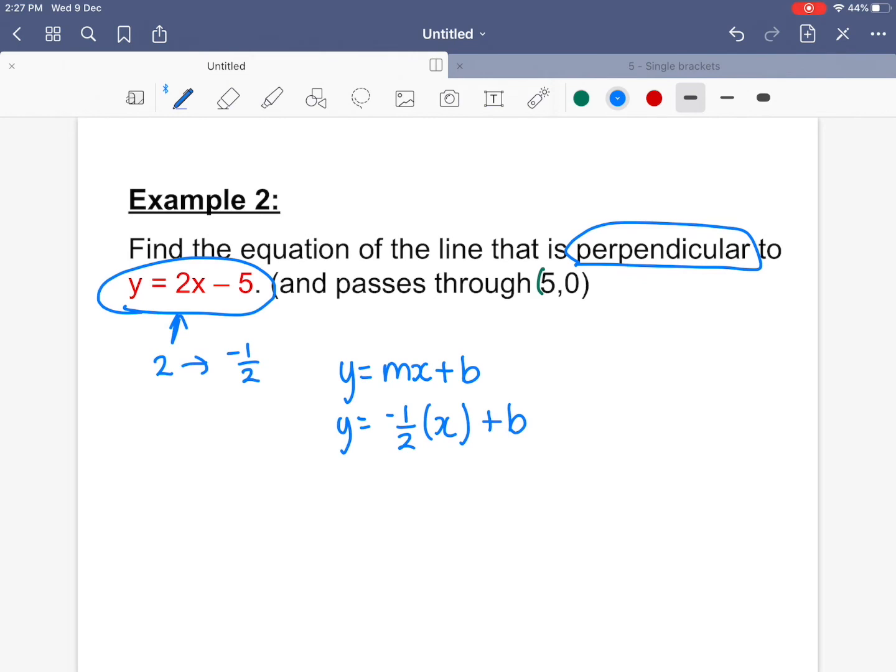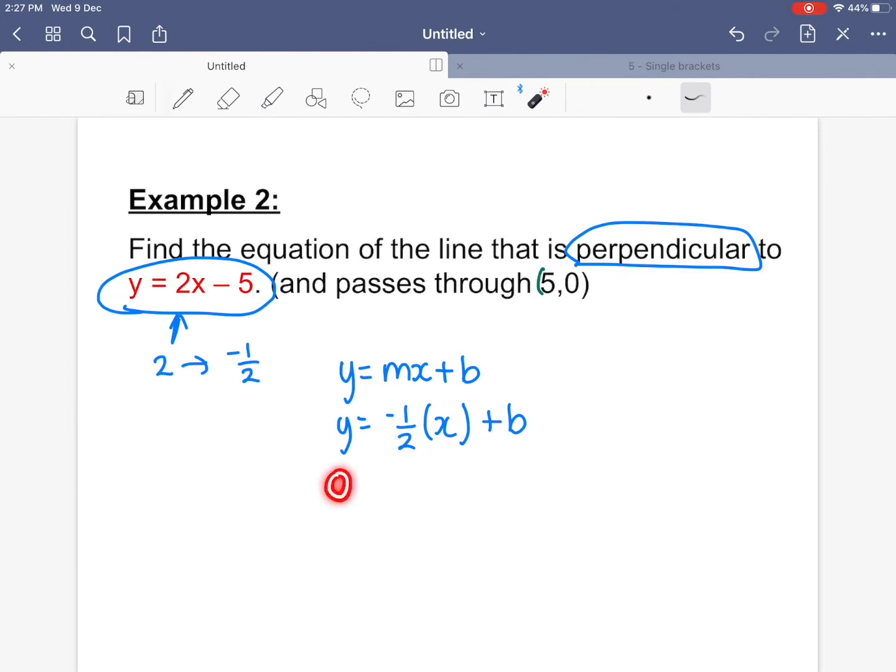Now I need to try to find the b value, which I can do knowing that it goes through the coordinate point 5, 0. That means that when x is 5, y is 0. So I'm going to substitute that into my equation.